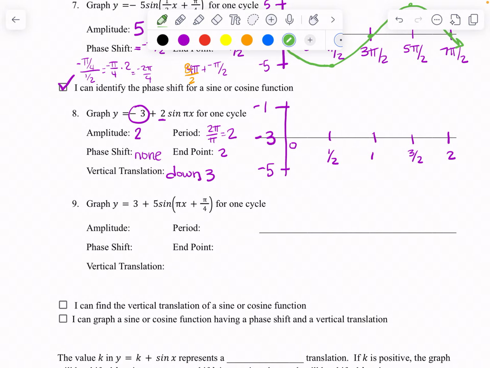It's sine, 0, up, 0, down, 0. So we moved our whole graph down. So my x-axis is technically right there. That's where my origin is.